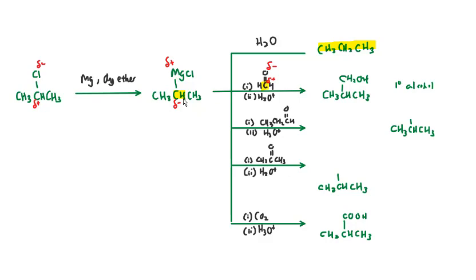When Grignard reagent reacts with aldehyde besides methanal, say in this case we have our propanal, the aldehyde with 3 carbons, again we are going to combine these 2 carbons, the delta negative carbon in Grignard and the delta positive carbon in our aldehyde. This is the carbon.